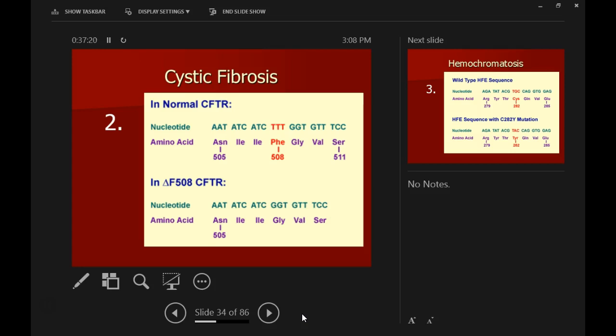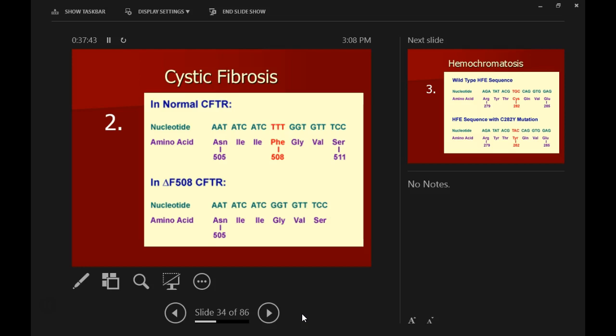Since this is a recessive trait, if you have two carriers, they have a 1 in 4 chance of producing a child with cystic fibrosis. Everyone should be tested for this if they plan on having children.